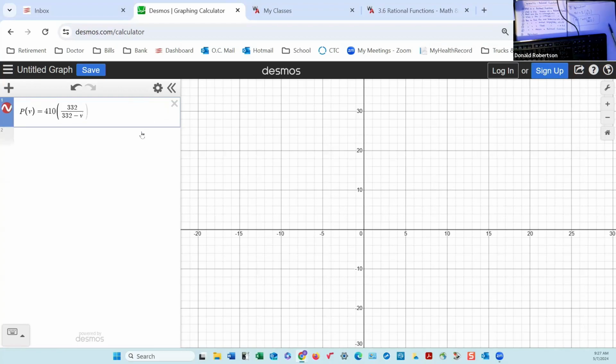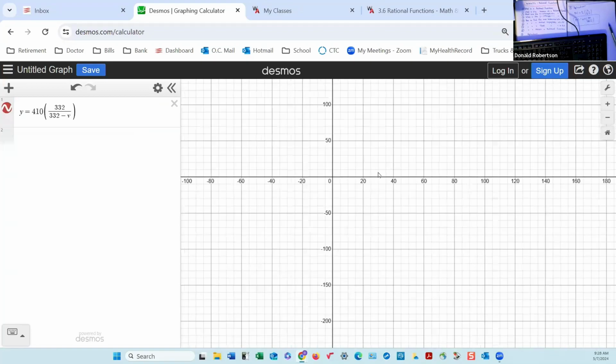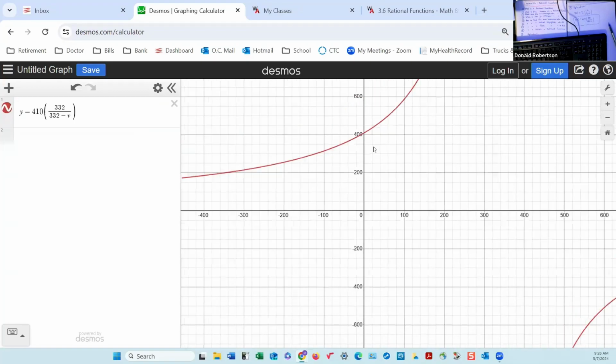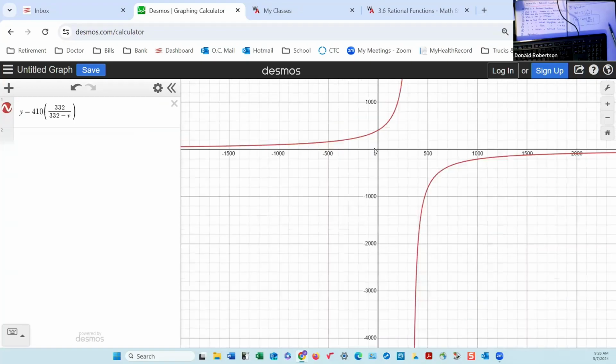Wrong place. Close the bracket, right? That should work. So what's our problem? Let's just call it y equals in case Desmos gets confused. Oh, there it is. Whoa.